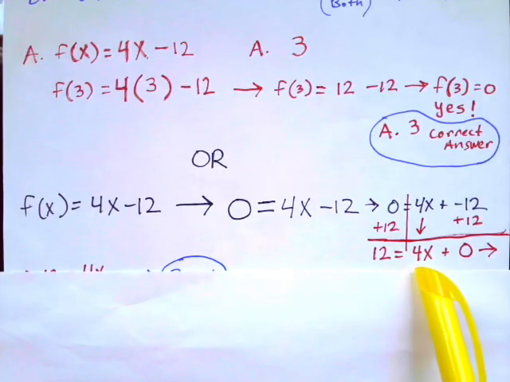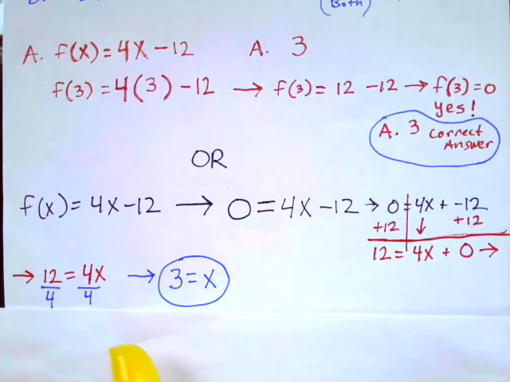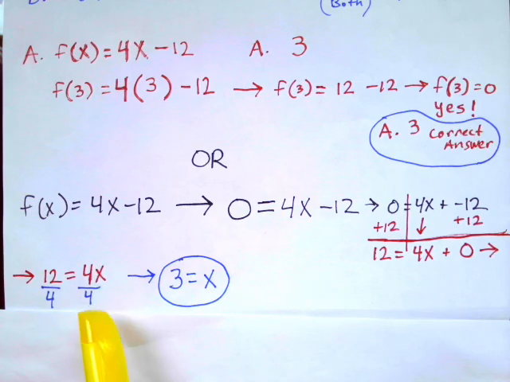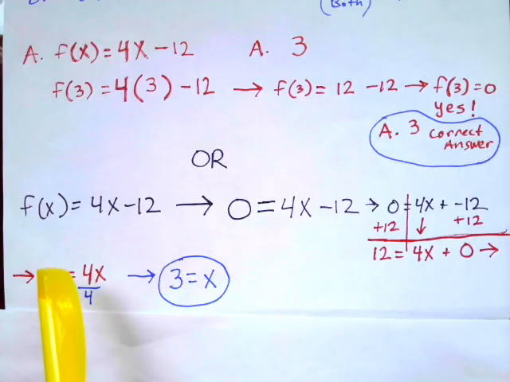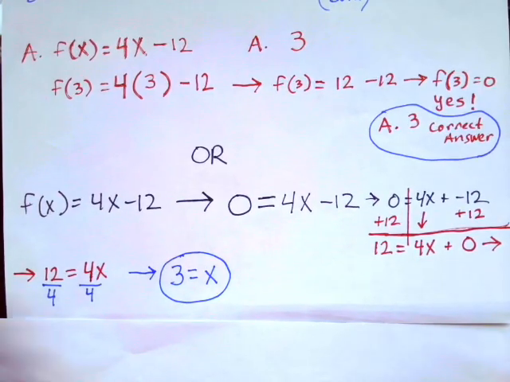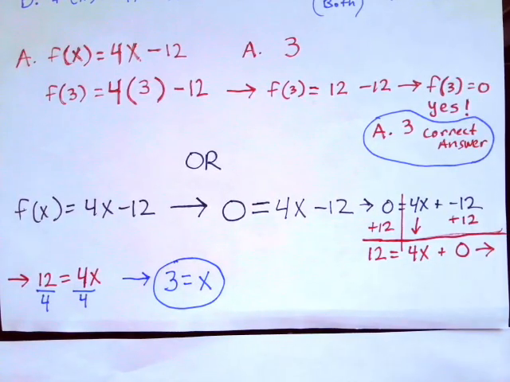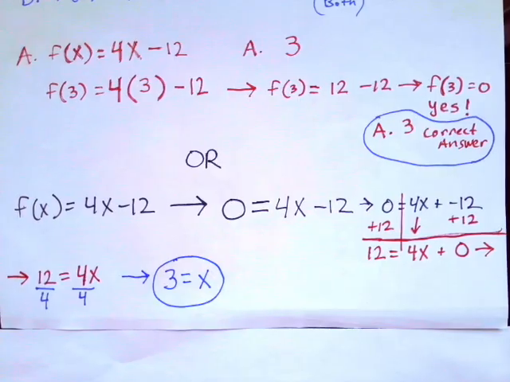Divide both sides by 4. 4 over 4 is 1x, that invisible 1x, equals 12 divided by 4, which is 3. So yes, option A, using both methods, is a zero of the linear function.